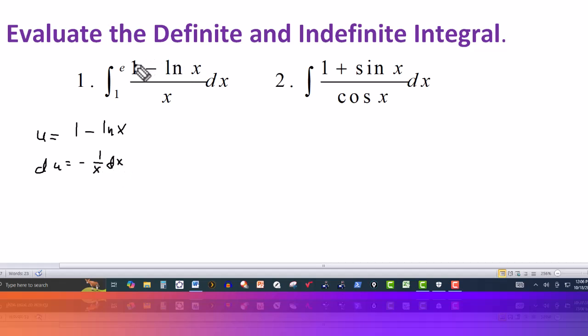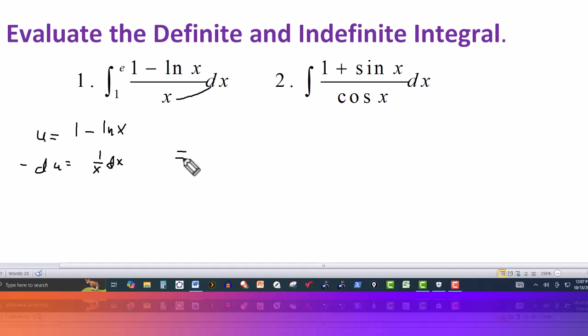So this will be your u in the numerator, and notice I have a dx over x, and over here dx over x. It's the same thing, 1 over x times dx would be dx over x. So I could just go ahead and multiply both sides of this one by negative. So that'll tell me that 1 over x dx, which is this part right here, is equal to minus du.